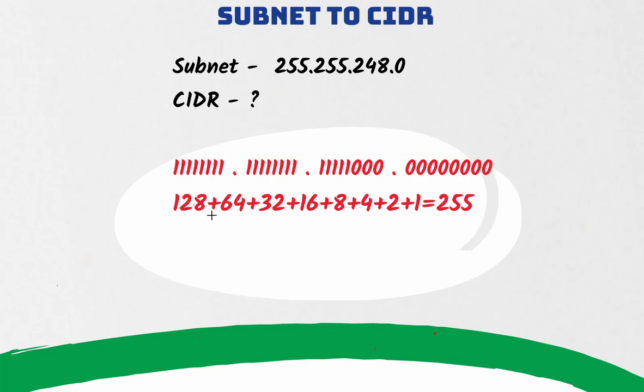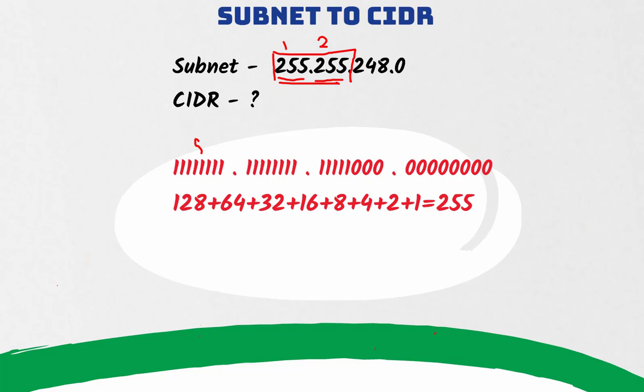As you know, for 255 the first and second octets are totally full. That means each of these octets has 8 bits, so I can write 1 1 1 1 1 1 1 1, eight times 1.